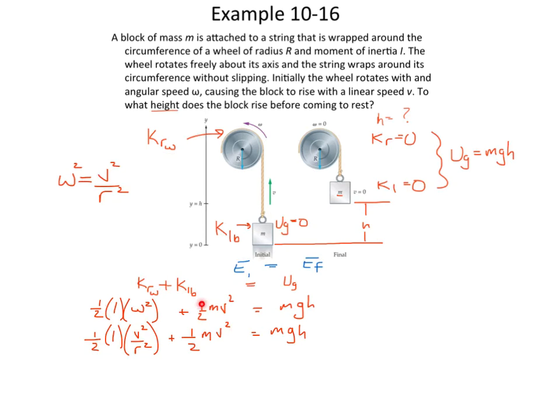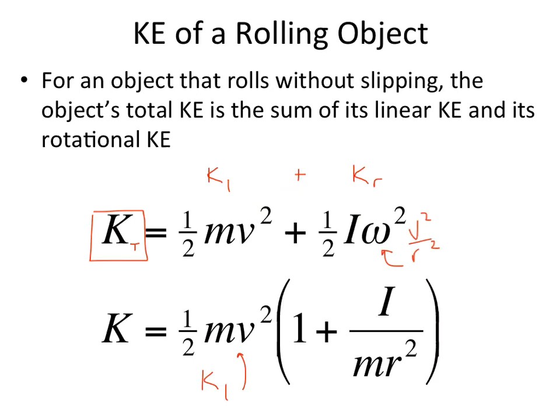And a few slides back, let's jump back, I don't know, 1, 2, 3, 4 slides in our notes, we had two versions of the same thing. This is linear kinetic energy, and this is rotational right here. But if we factor out a 1/2 mv squared from this, that becomes 1.